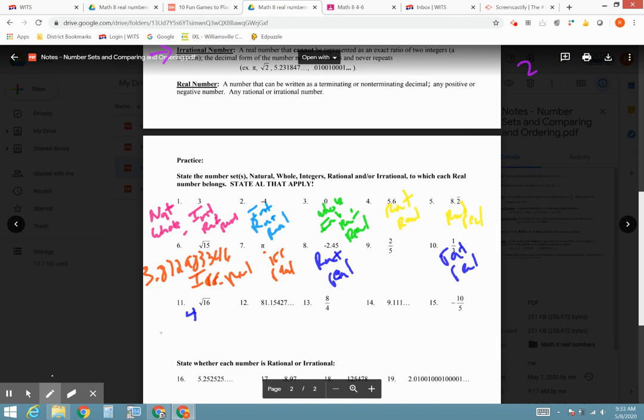So we have natural, whole, integer, rational, and real. Try 14. 14 is rational because I can put a bar over it, and real. Okay, let's move on.